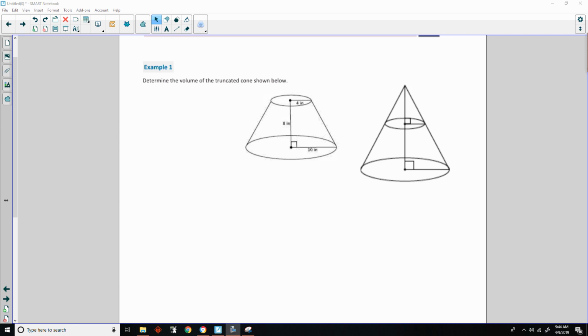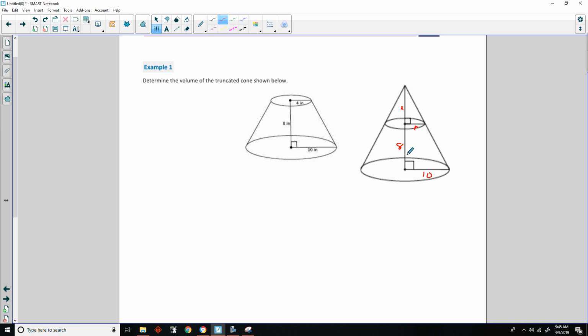In explaining this, I'm going to bring in this diagram here. It's the rest of the cone that was cut off. I know that this is 8 and this is 10. I don't know what this radius is, and I don't know this height here, so let's call that x, and I'll call the radius r.